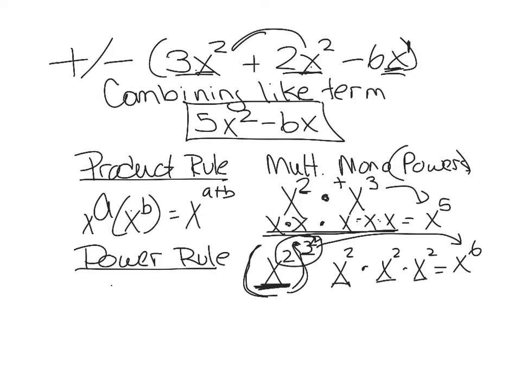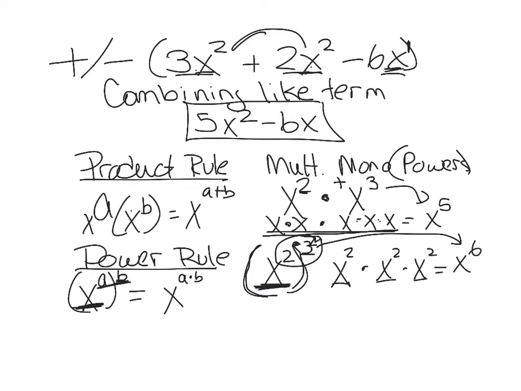All right, so the rule is x to the a power to the b power equals x to the a times b. Anytime you see parentheses with an exponent on the outside by itself, that's going to be a power to a power. But remember that this exponent applies to everything in the parentheses.